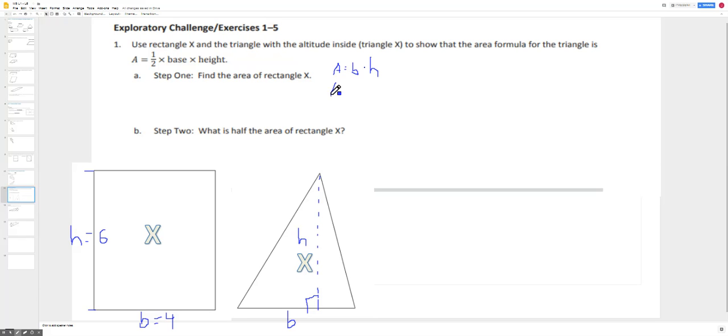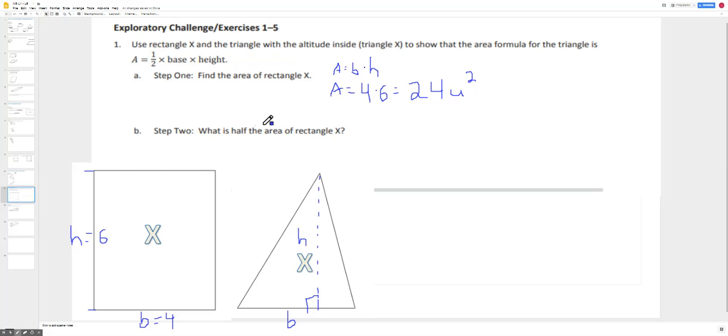So for the area of the rectangle, B is equal to 4, the height is 6. It would be equal to 24. And of course, I don't have units, so I'm going to write in U squared. Remember, because we're finding the area, we have to have this U squared involved.